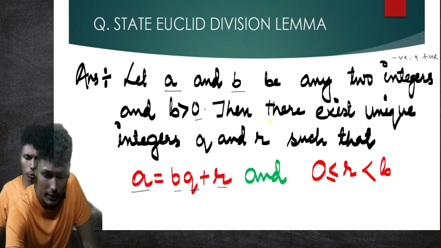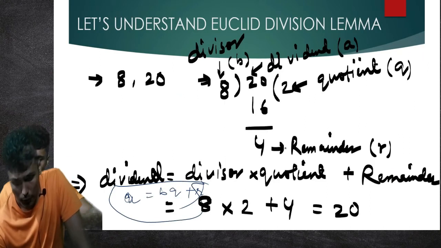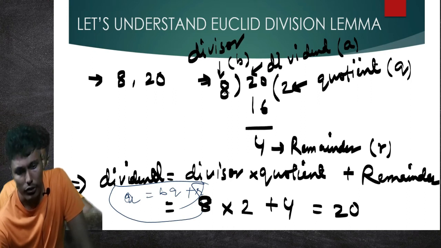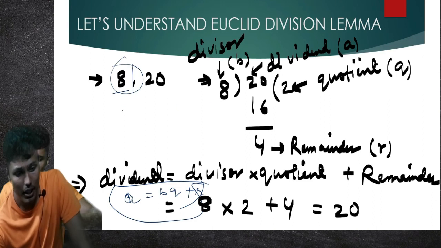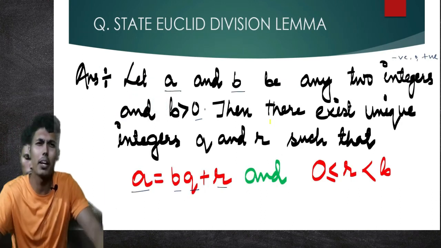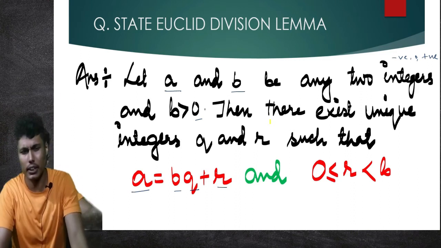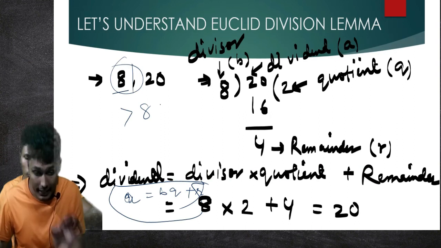Now let's understand another thing. Suppose we divide any number, and the divisor is 8. Can the remainder be greater than 8? Never. Can it be equal to 8? It cannot be.